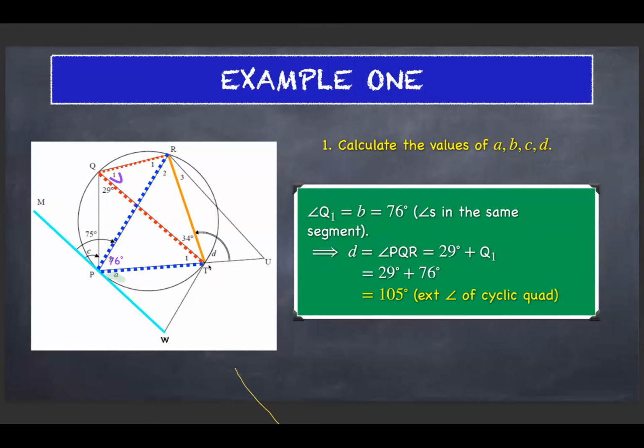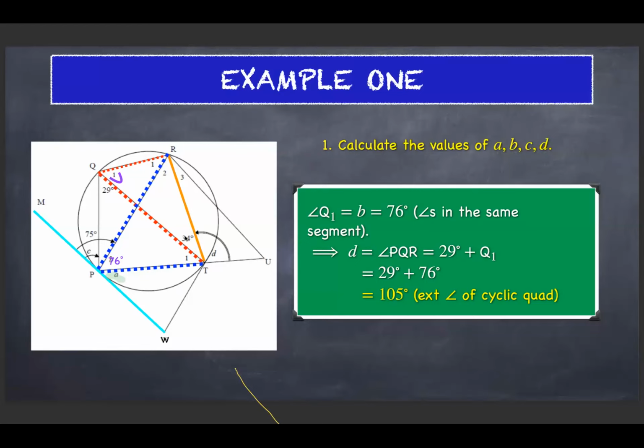Again, you may be feeling kind of nauseous doing angles in the same segment, but it actually really helps. And I think what is good to remember is that when you look at this, you've got a chord here, a chord here, a chord here, a chord here. There's so many ways you could do angles in the same segment. It may look complicated, but it could be your best friend in an exam or test situation. So really get comfortable with subtending angles from a chord, I would say.